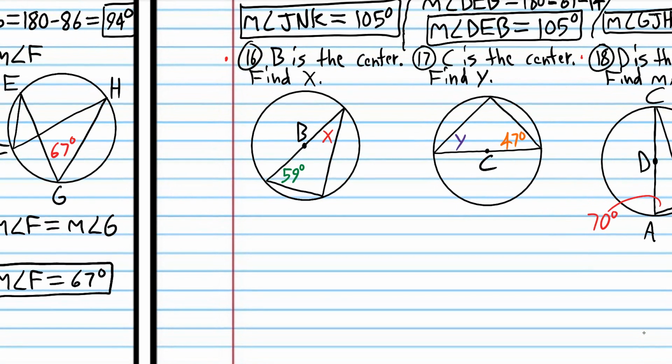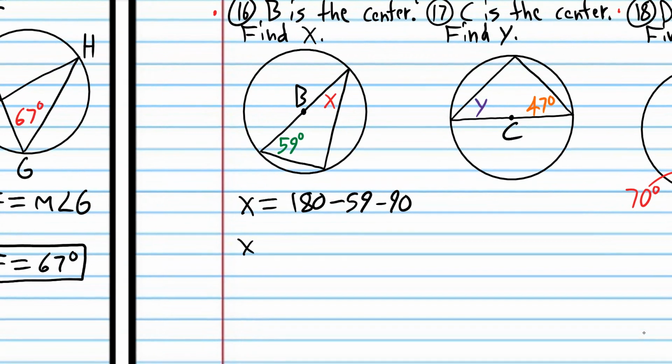So X is equal to 180 minus 59 minus 90 degrees. We're just using the triangle sum theorem. So X is just 180 minus these two angles. So that would be 31 degrees.